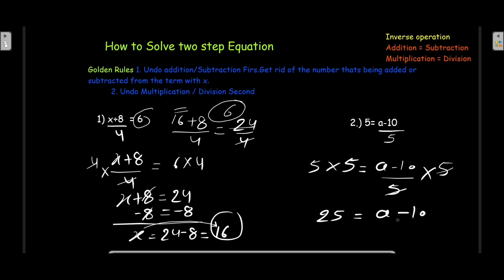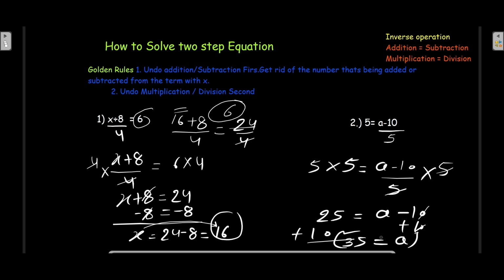It is subtraction from a, so we have to add 10 here and here also. If we add 10 plus 25, it will give us 35 is equal to, here 10 and 10 will be cancelled out, so a is equal to 35. So a is equal to 35 is our correct answer.